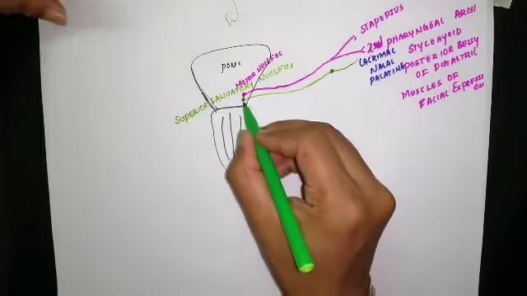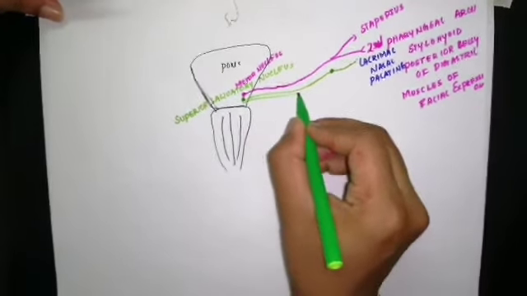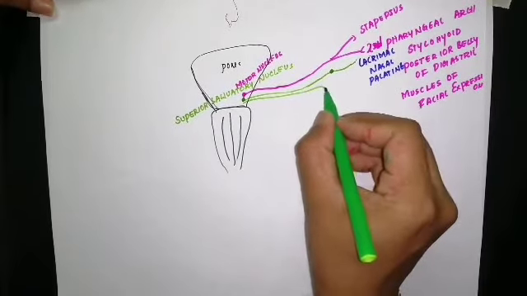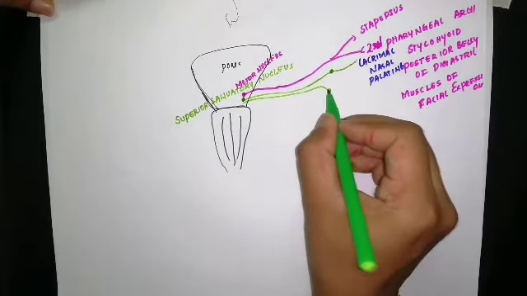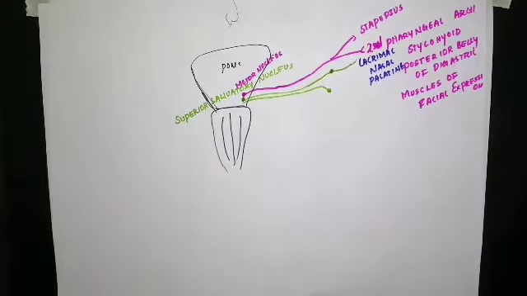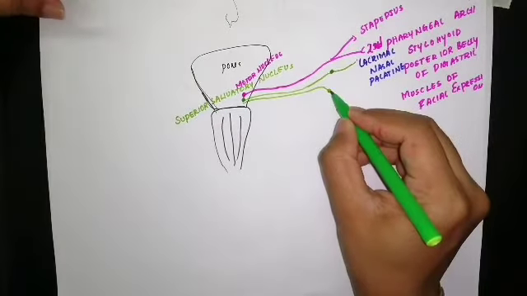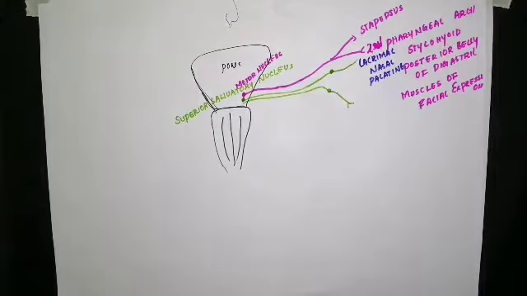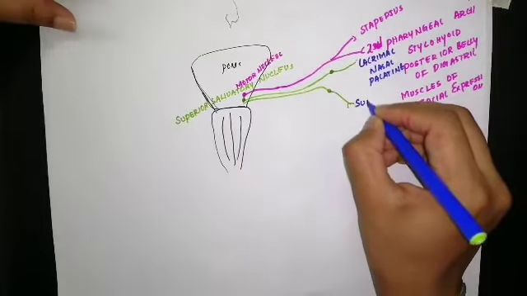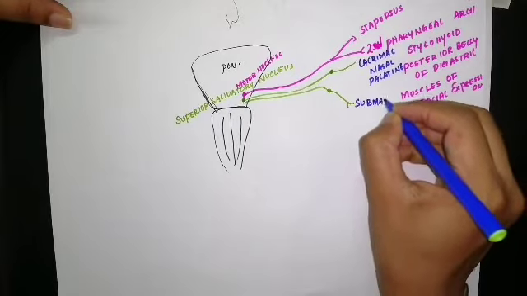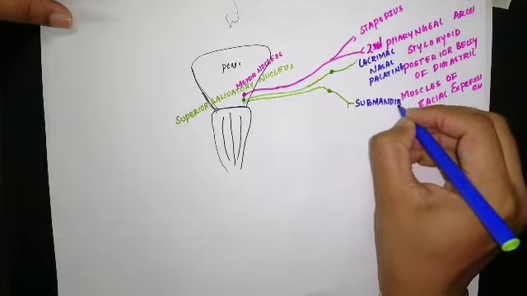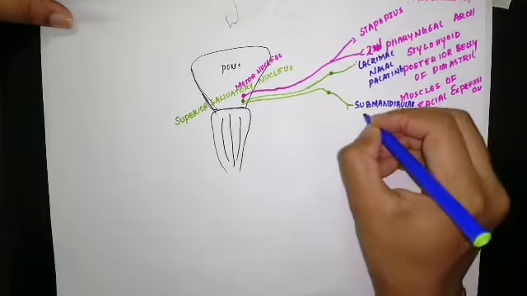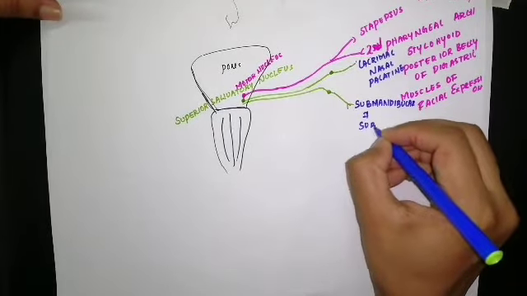The parasympathetic fibers arising from the superior salivatory nucleus also relay in another ganglion, which is known as the submandibular ganglion, and the postganglionic parasympathetic fibers then supply which organ? Submandibular and sublingual salivary glands.